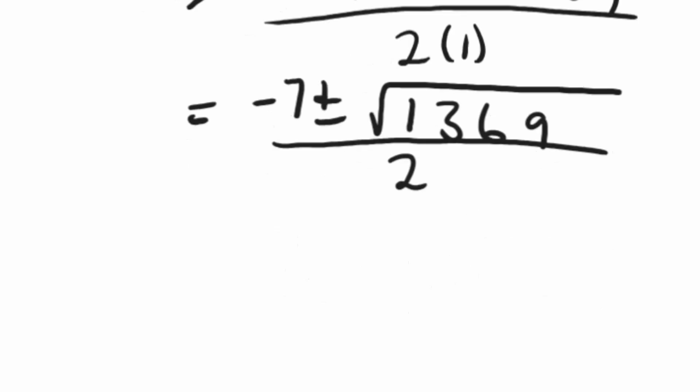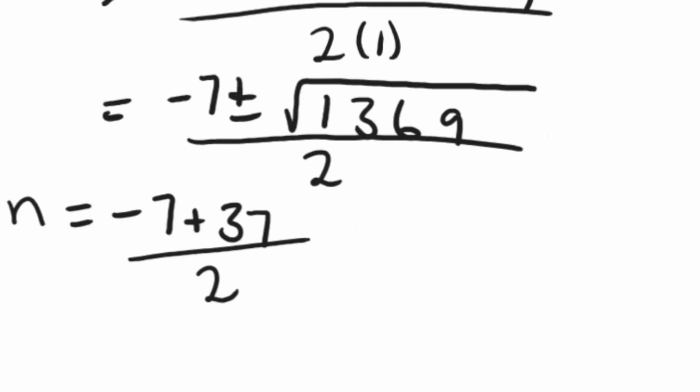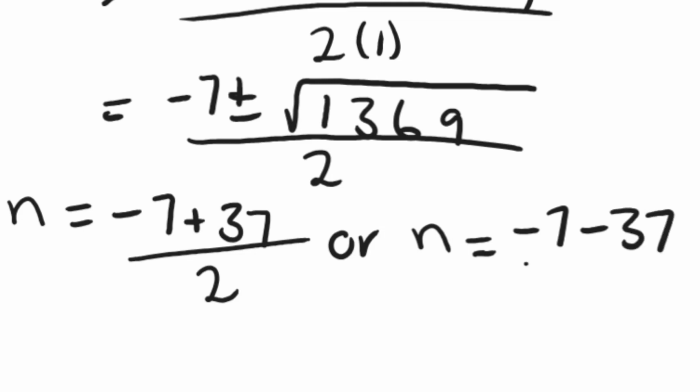After this step, we write our n is going to be equal to minus 7 plus the square root of 1369, which is nothing but 37, and then we divide by 2, or our other n is going to be minus 7 minus 37 over 2. Remember, we are dealing with a quadratic, so we have to produce two solutions like this.